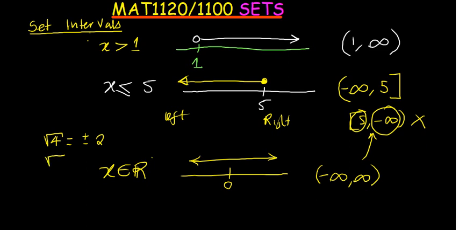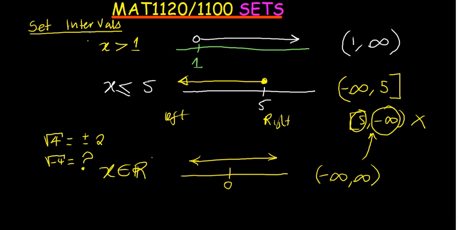But let me ask this. What is the square root of negative 4? Which two numbers can you multiply by themselves to get negative 4? So there is no square root of a negative number.